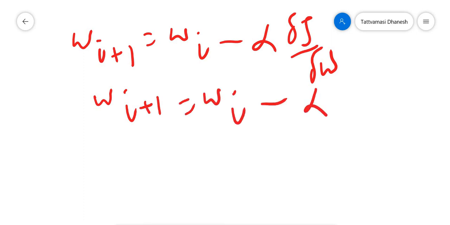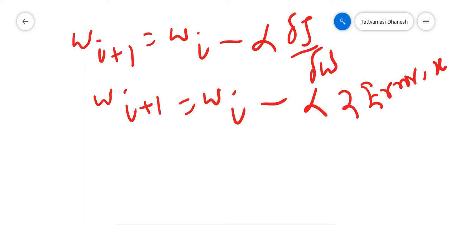What is ∂J/∂w? We got it as 2 into error into x. When you take the mean squared error, 2 by n will come here, that's all. So 2 into error into x.